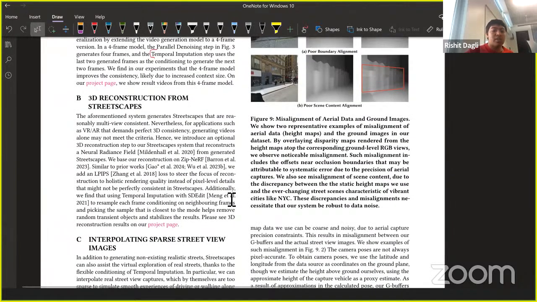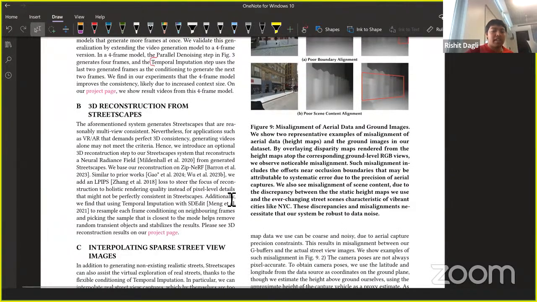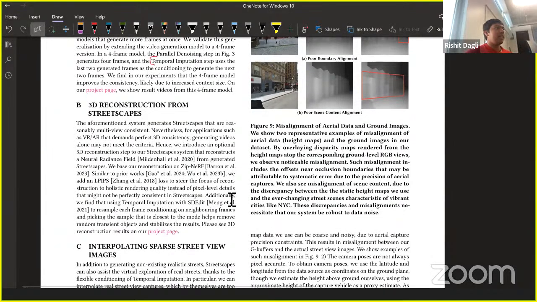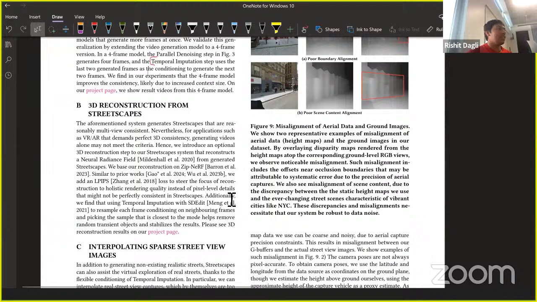And then they also talk about all of their 3D reconstruction. As you can probably make out from the 3D reconstruction video, it's a NeRF. There's some very standard NeRF, and you can see the video and say that it looks like it's rendered from a NeRF.